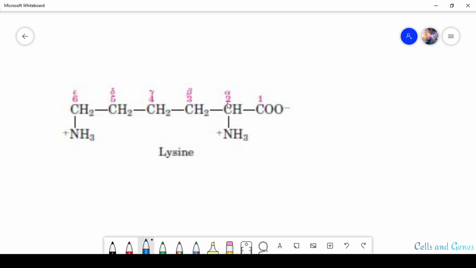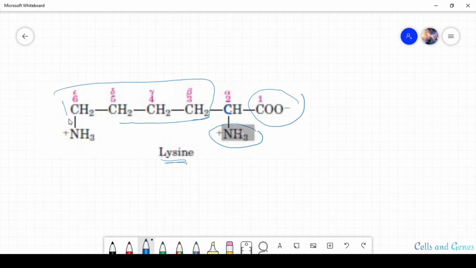Let us see the structure of lysine. As we said, this is the carboxylic group attached, this is the amino group attached, and this is the alpha carbon. These are the side chain, or the R group that we saw in the general structure.